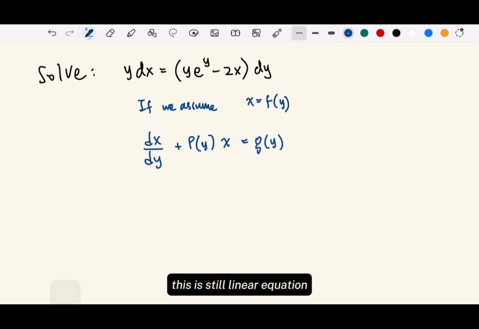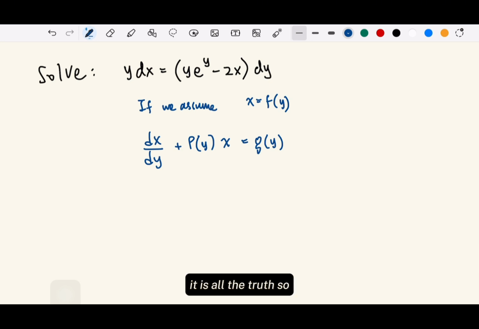This is still a linear equation, but we exchange x and y. We still take this as linear. So sometimes this also works. So let's say we're going to use this as our method to solve. It is also true.